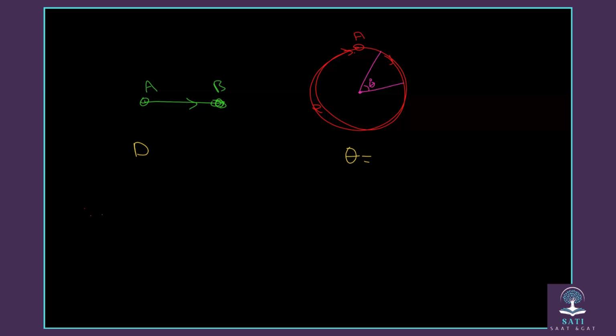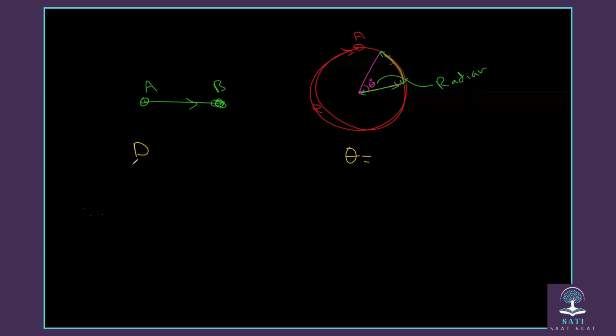If the length of this arc equals the radius, if these two are equal, then this angle we call a radian, 1 radian. So what does it mean, 1 radian?